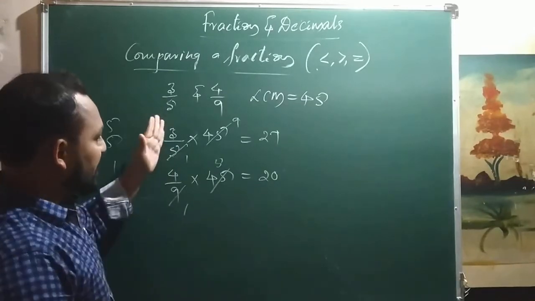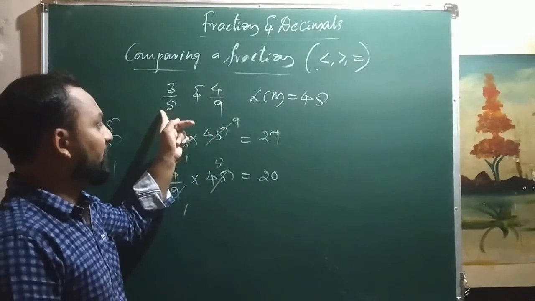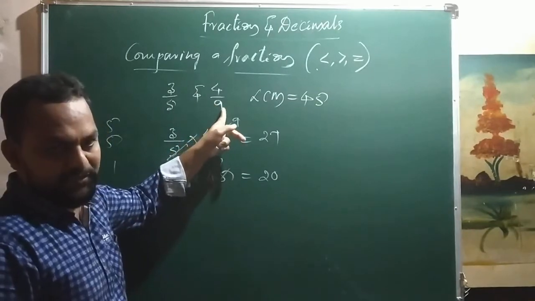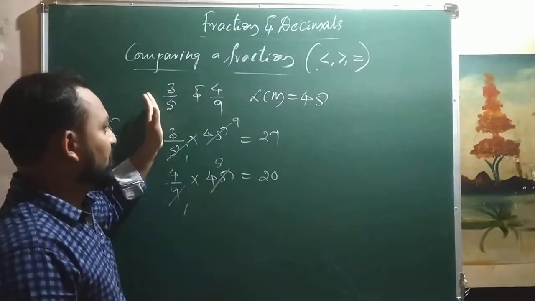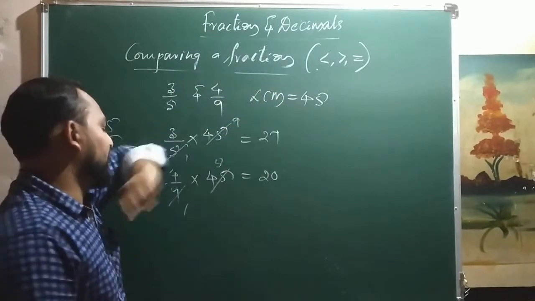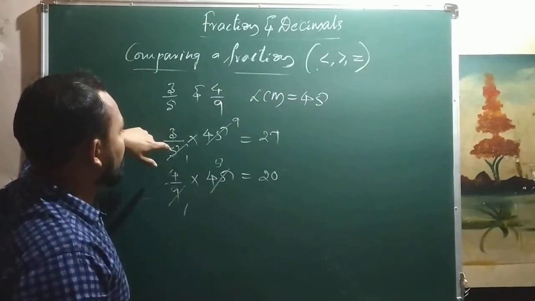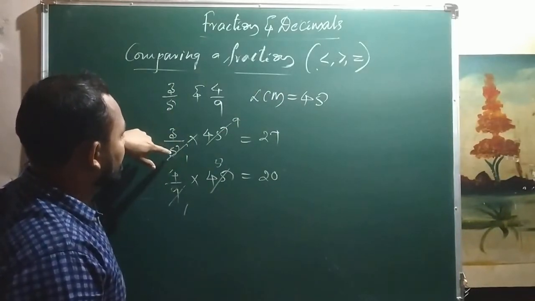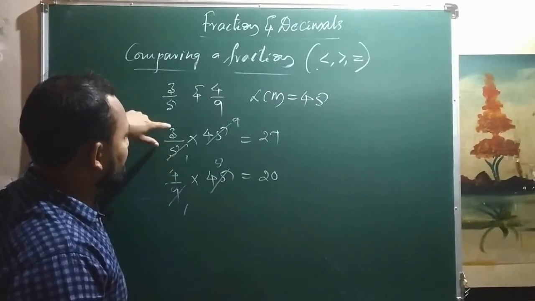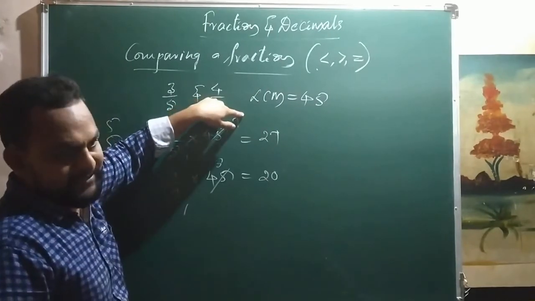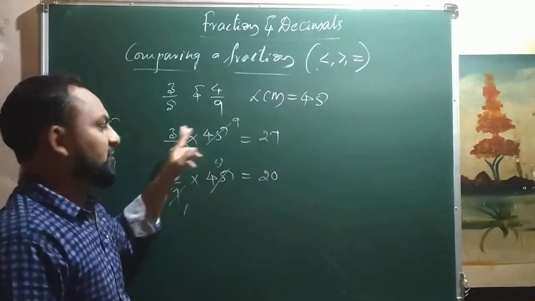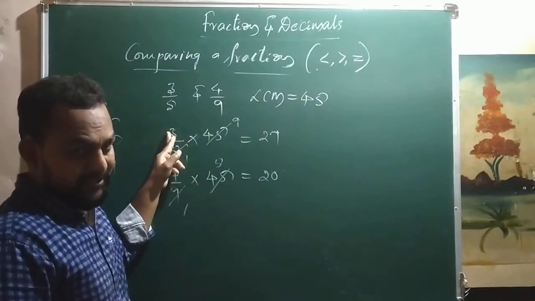Here 3 by 5, the LCM of 5 and 9 is 45. Okay, 45. Here 5 ones are 5, 9 threes are 27.